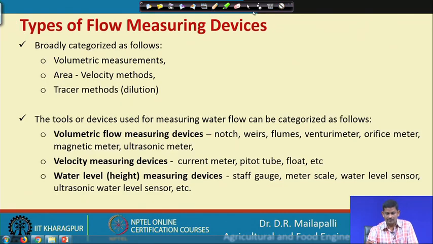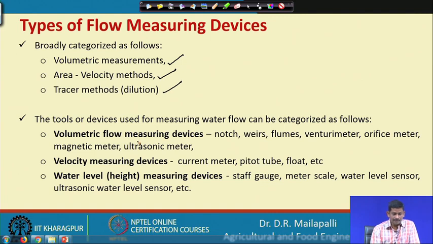The next is the flow measuring devices. The flow measuring devices are broadly classified into volumetric measurements, area velocity methods, or tracer methods. We mostly use these in measuring flow rate in streams.